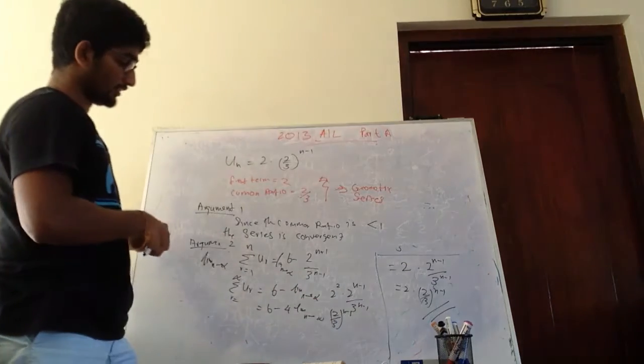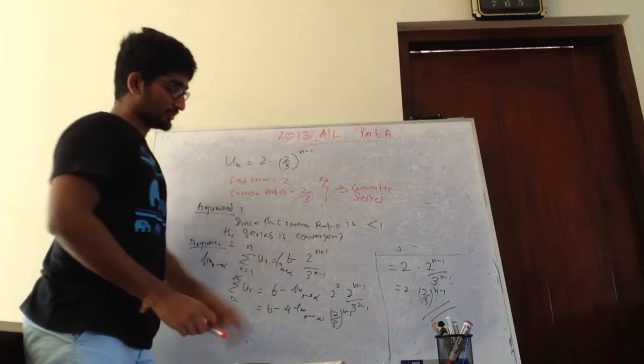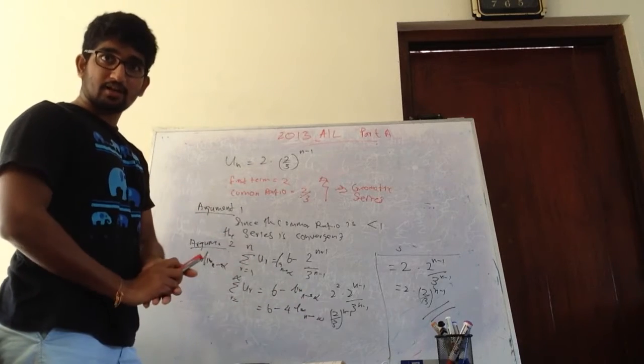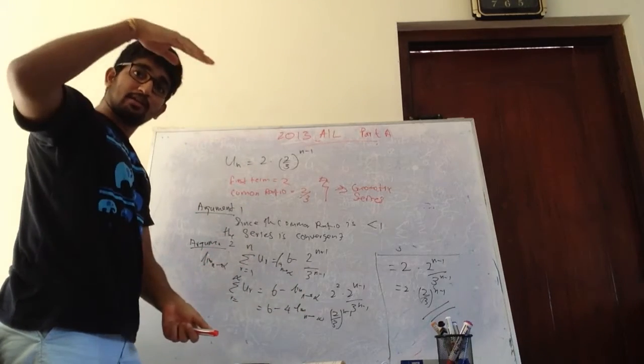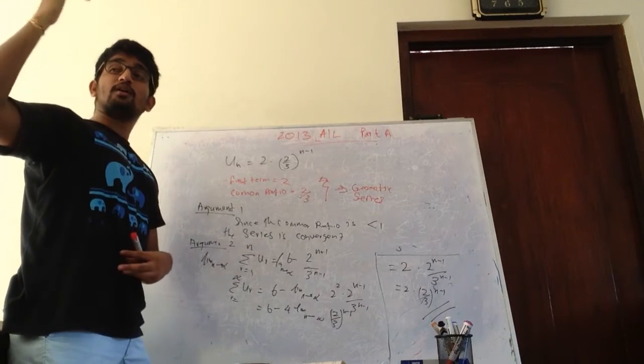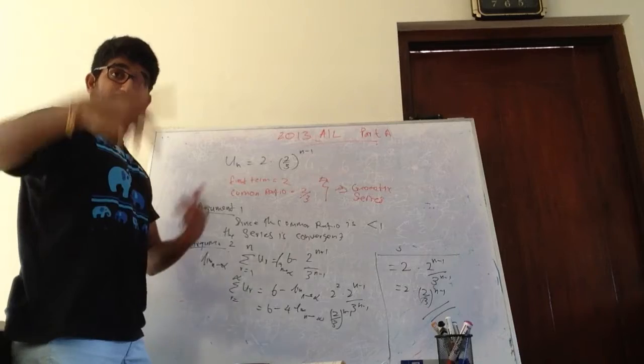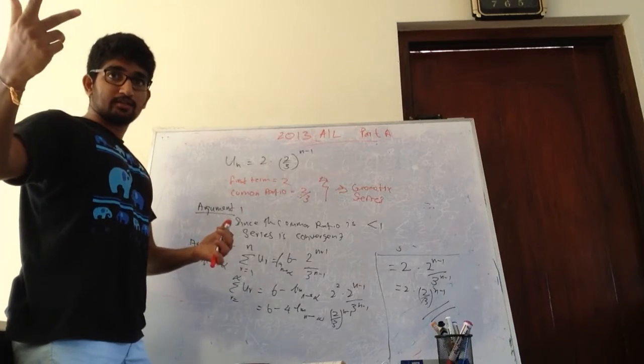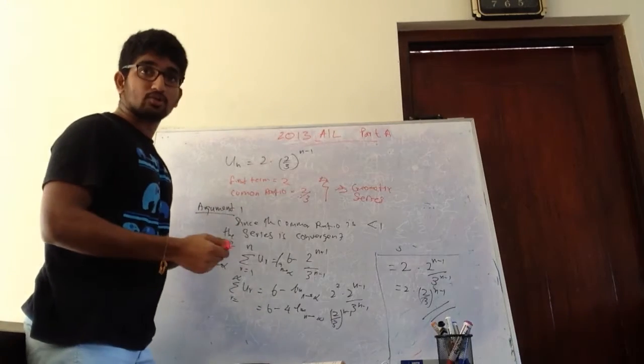Since 2 over 3 is less than 1, if you take a power of infinity, it will go towards 0.